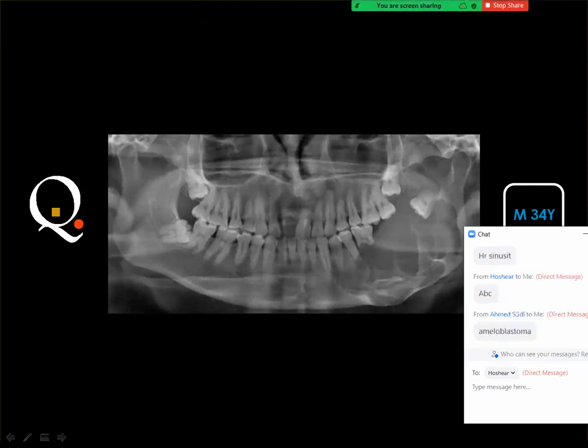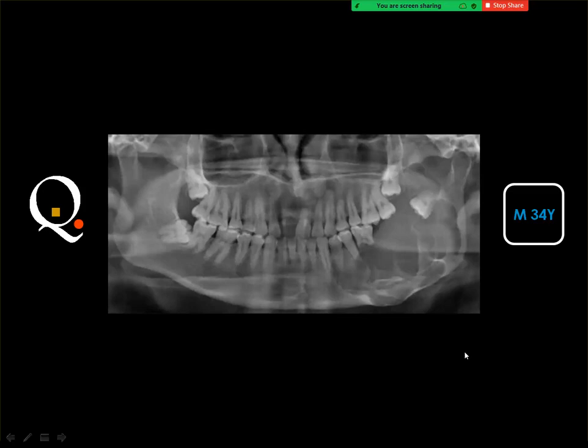Yeah, okay. Ameloblastoma, good. Yes, this is good. Actually, simple bone cyst, aneurysmal bone cyst, and most of the bone tumors are rare in the mandible. You think of odontogenic tumors as more common than the non-odontogenic tumors.